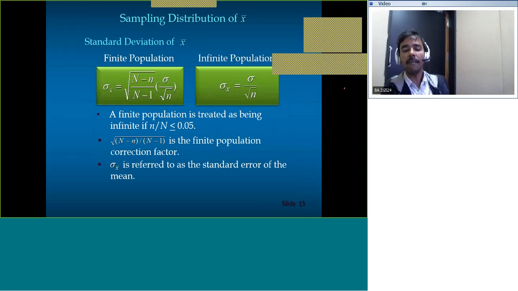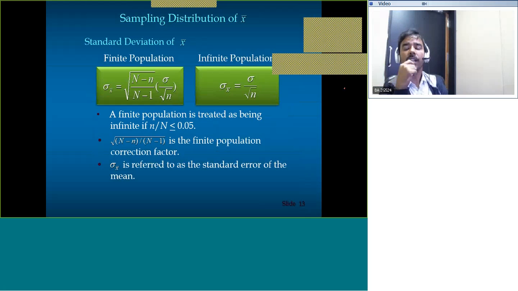Please remember I am using the notation sigma subscript x bar to denote the standard deviation of the random variable x bar. The factor square root of (N minus n) by (N minus 1) is known as the finite population correction factor.